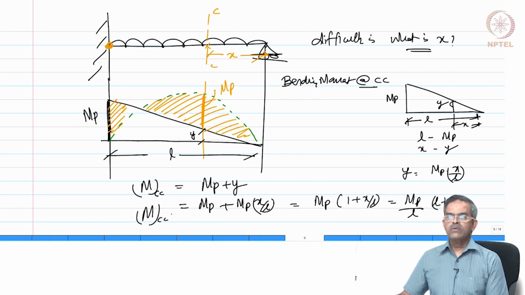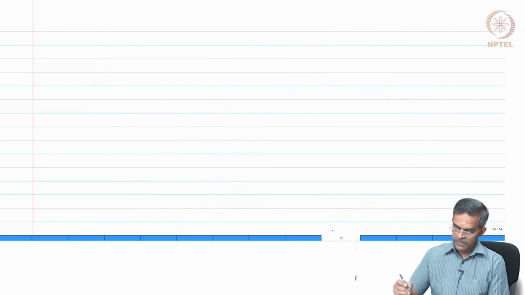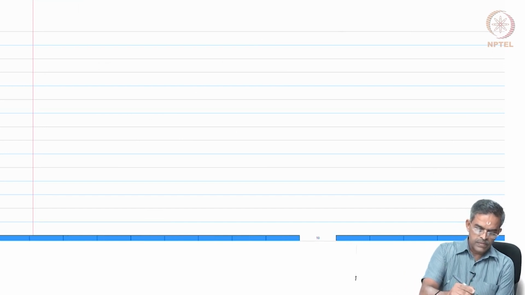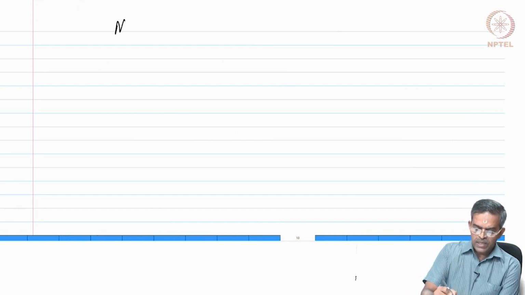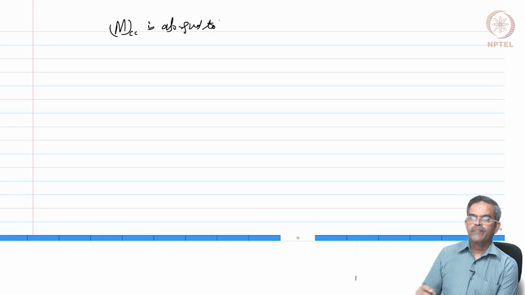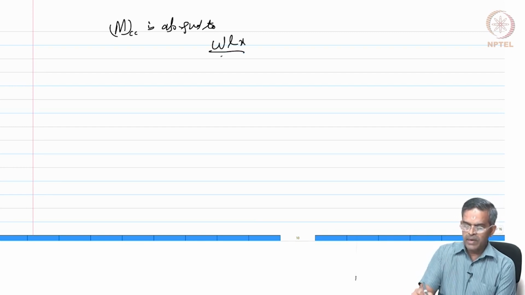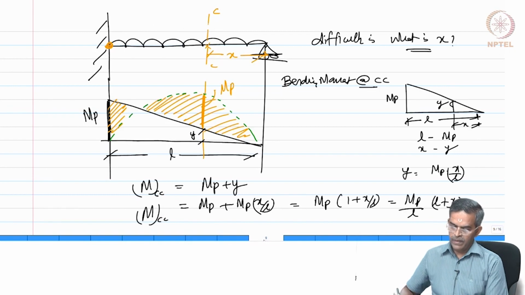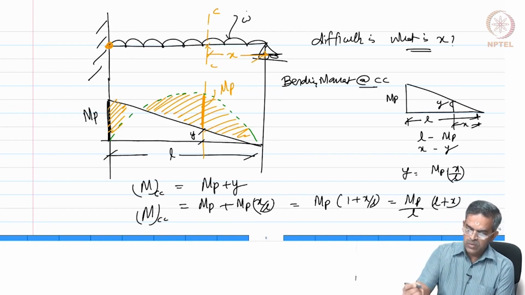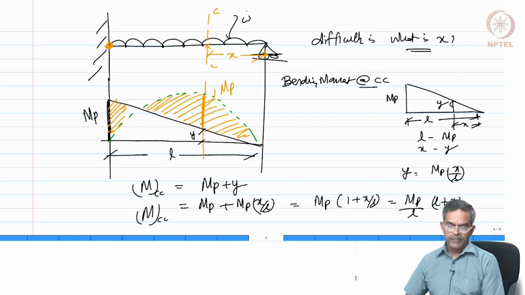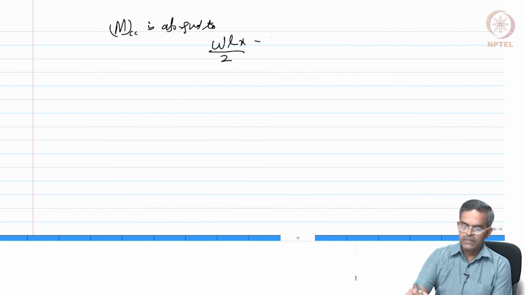Let us also find out this bending moment from the first principles. We know MCC is also equal to WLX by 2, see here the figure, this is X and this is W, WL by 2, into X, minus WX square by 2, am I right?